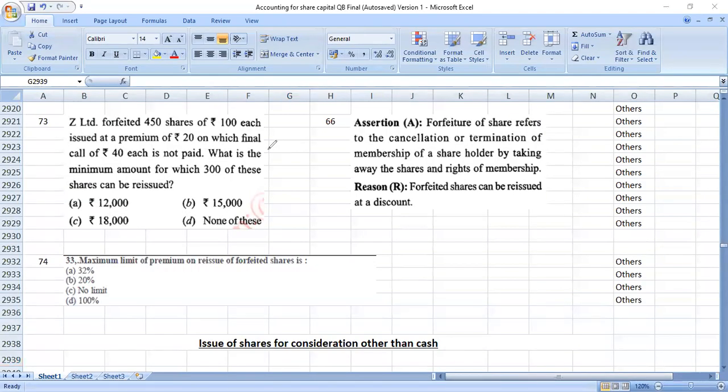50 shares of 100 each were issued at a premium of 20, on which the final call of 40 is not paid. What is the minimum amount of these 300 shares? So 40 pay பண்ணல அப்படின்னா, 120 is the issue price. Final call 40 na 80 is the amount paid up. Adula 20 is paid as premium. So 60 only is paid up as share capital. The gain on forfeiture per share is 60.